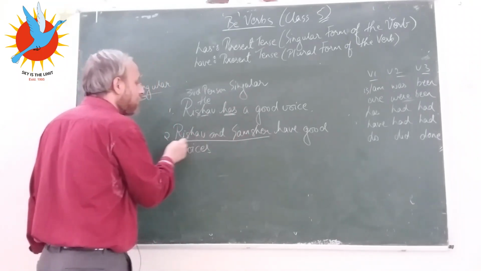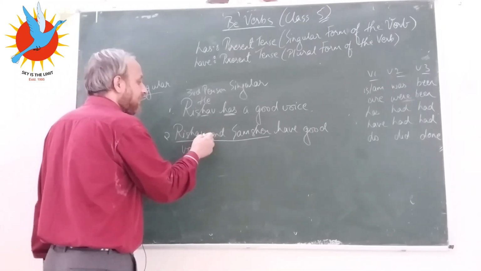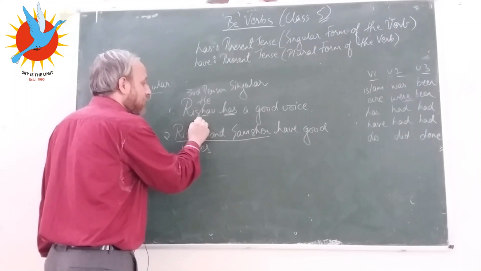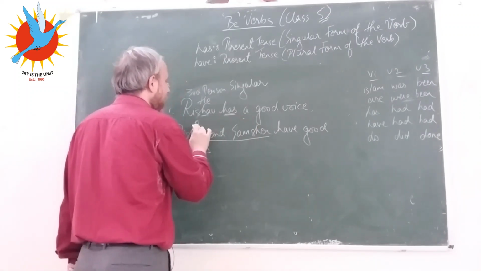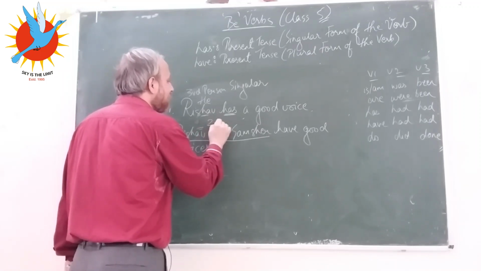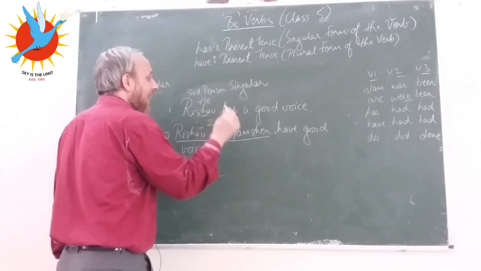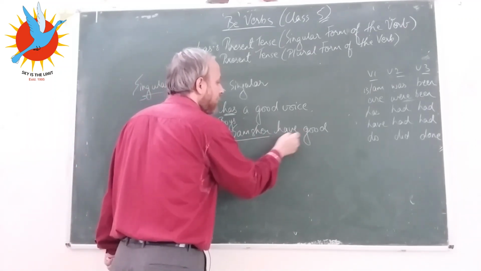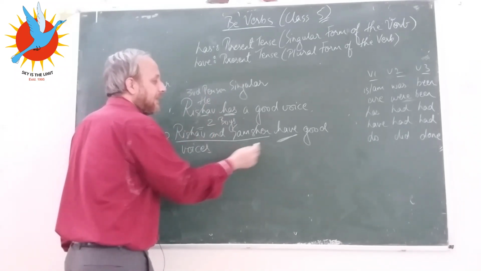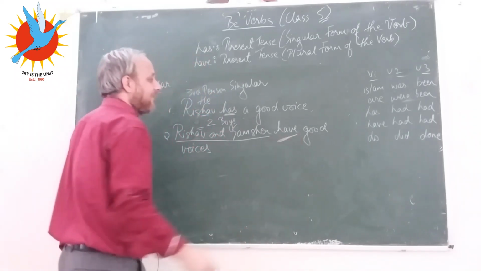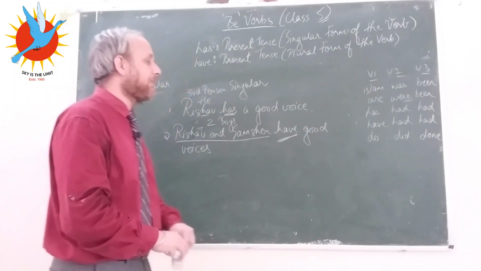The sentence is about Rishabh and Samsher. So the subject is Rishabh and Samsher. There are two individuals, basically two boys here or two subjects here. That's why you will use the plural form of the verb, because the subject is plural. I'm talking about two boys. That's why you'll have to use have. So Rishabh and Samsher have good voices. Okay, so just do remember that.